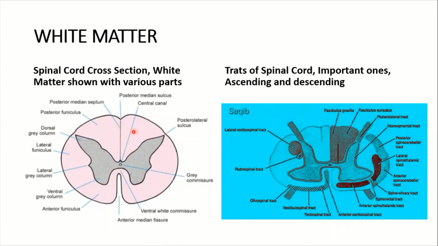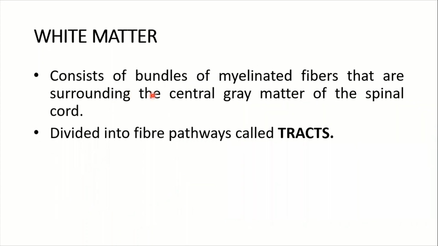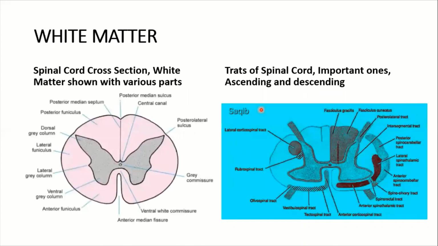As we are focusing on the white matter, it consists of bundles of myelinated fibers that surround the central gray matter of the spinal cord. They are divided into fiber pathways called tracts. So I will discuss the definition of a tract and the various kinds of tracts.